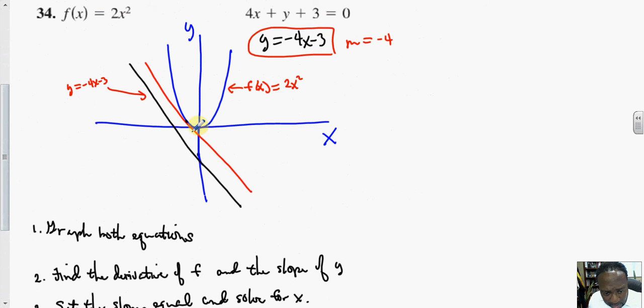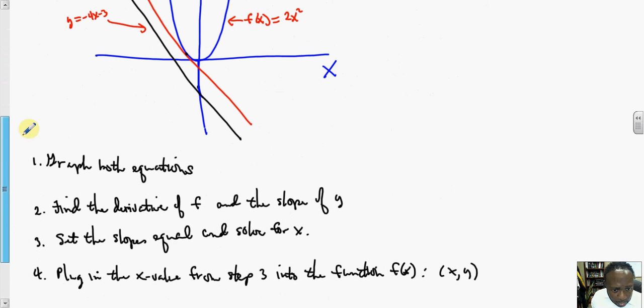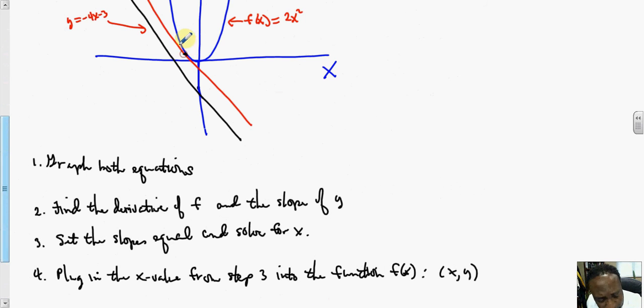You don't plug in the x value into the line, because that'll give you back that same line that I have in black. You already have that. You're looking for this line equation that's in red. So when you do that, that's going to give you the y value, and so then you're going to have some x value and some y value, which you'll be finding this point here.